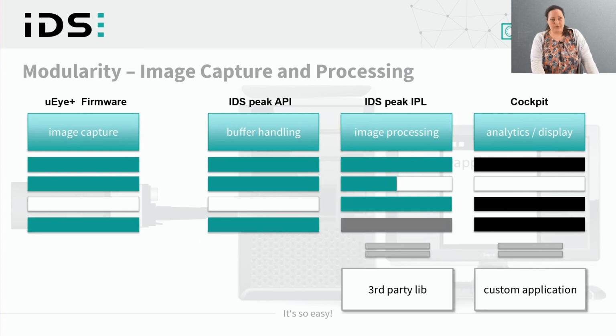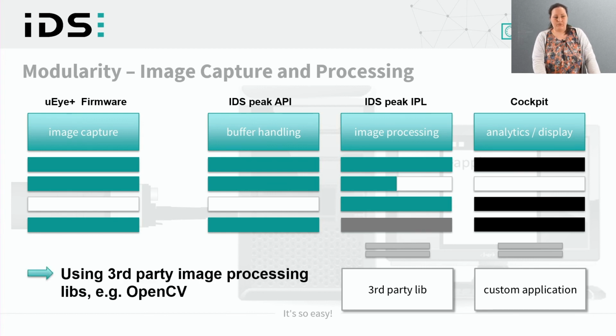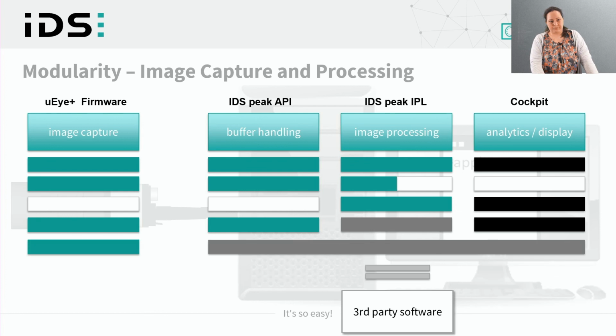It's also possible to use the IDS Peak API just for the buffer handling, and anything else after the image data is in the host PC is done by third-party applications or libs to realize your custom application, for example, if you're using OpenCV as an image library.